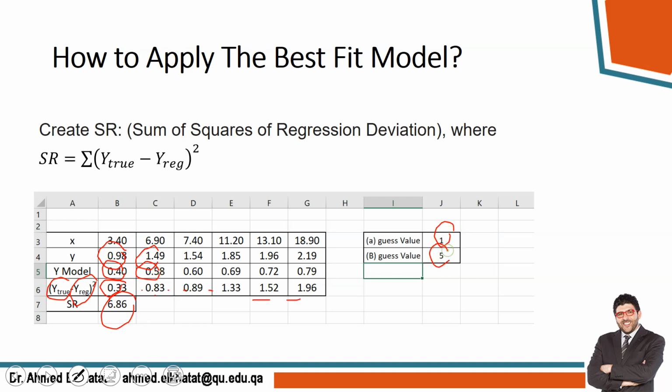Now notice this: SR is the summation of all these values, and this depends on y model, and y model depends on a and b. So these are the only two independent variables, and all others are dependent. Since you have independent variables, you can solve by Solver. So now we'll use the Solver.